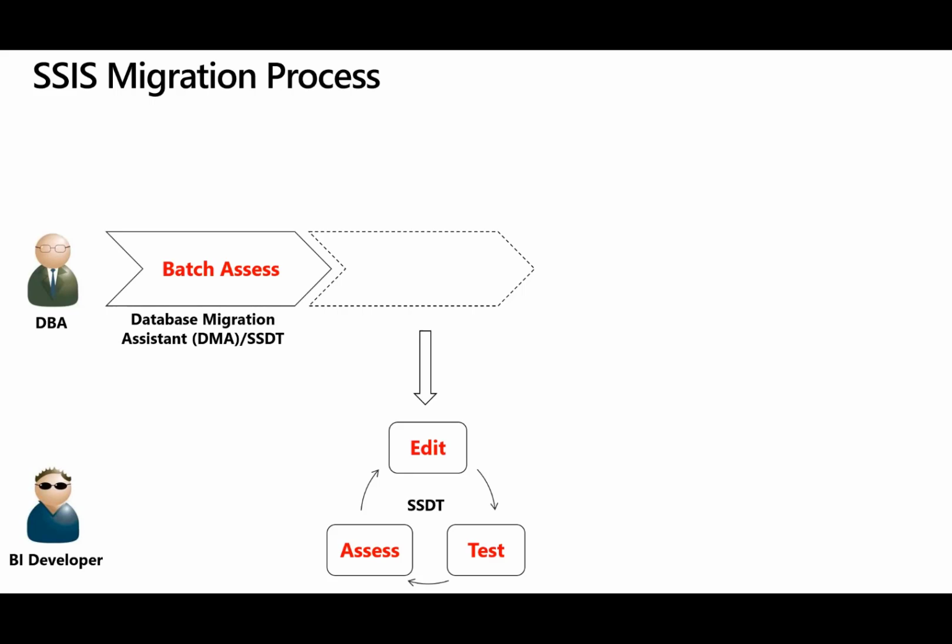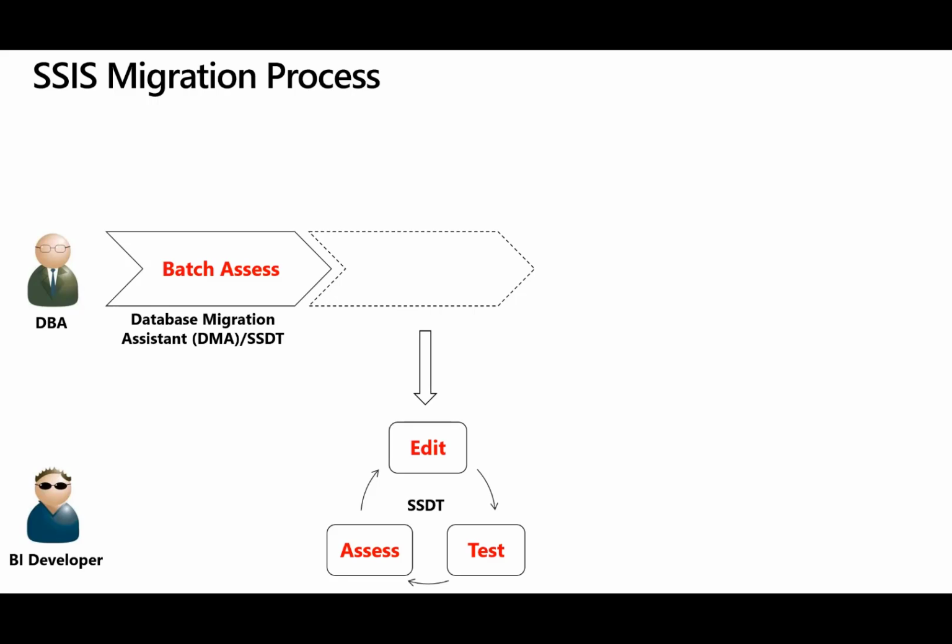So usually the DBA will pass that assessment report to a BI developer who has the ability to mitigate those issues. So the BI developer will look at the report and go through all different parts of the package. In 99% of cases, you don't need to edit the package at all.